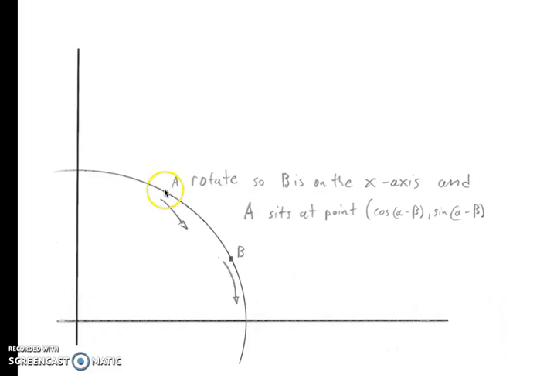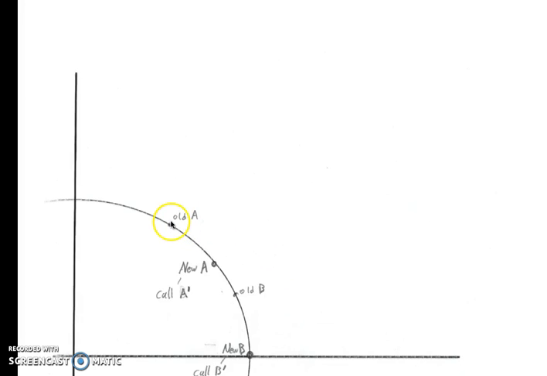Now I want to consider rotating A and B so that B sits here on the axis. So A will slide down by an angle beta, and the new point A will sit at this point, because it started at A and then slid down by beta. And B will be at the point (1, 0).